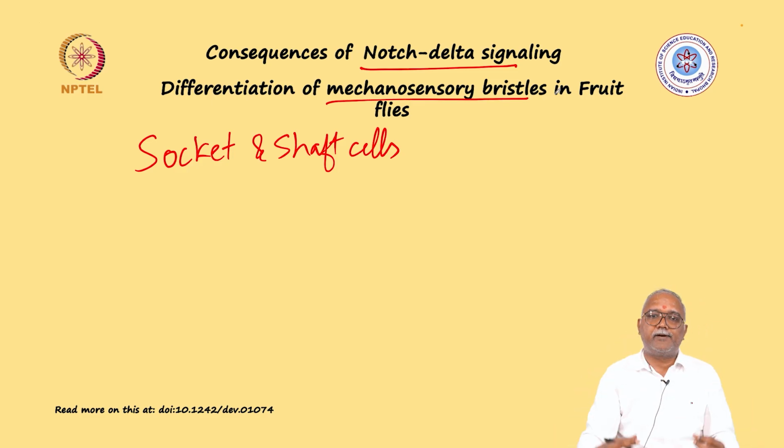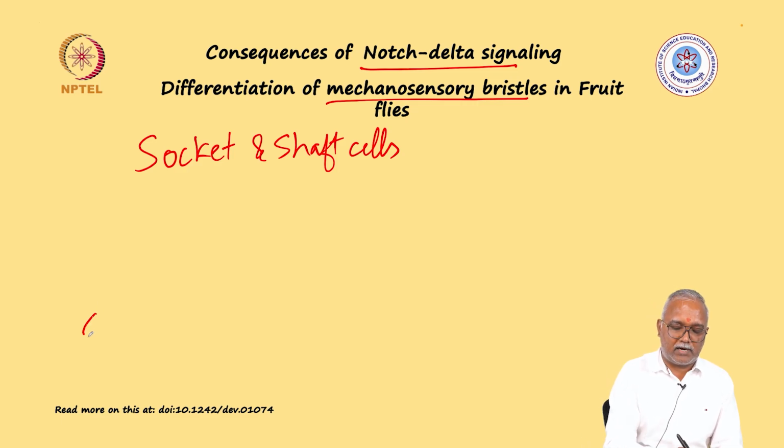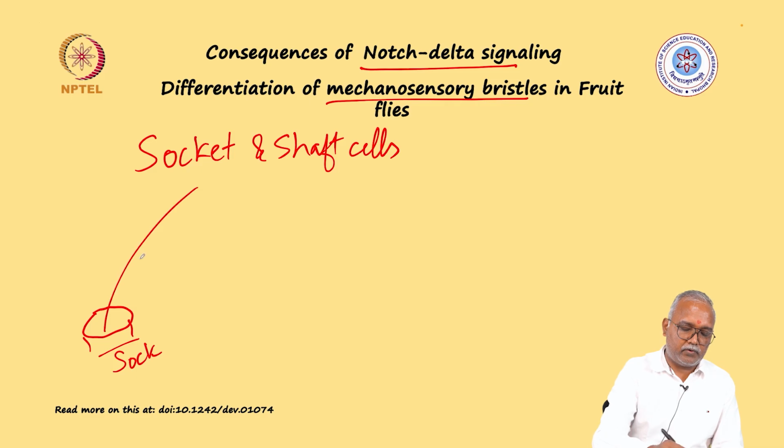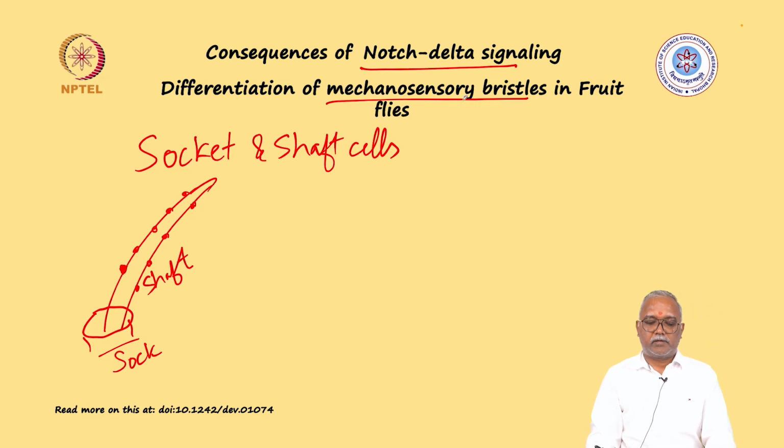The fruit fly head region has a lot of these bristles which have a mechanosensory function, with which they sense multiple movements around them. The basic structure of that cell is that you have one socket cell, and from here a shaft emerges, and on this shaft you have sensory molecules which help it perform the mechanosensory function.